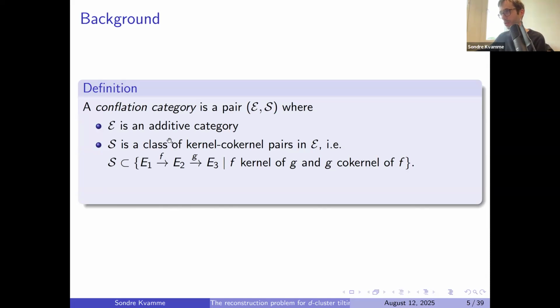So that's what I mean by a kernel-cokernel pair, and we fix a class of kernel-cokernel pairs, a subclass in here. And we assume it is closed under isomorphisms.